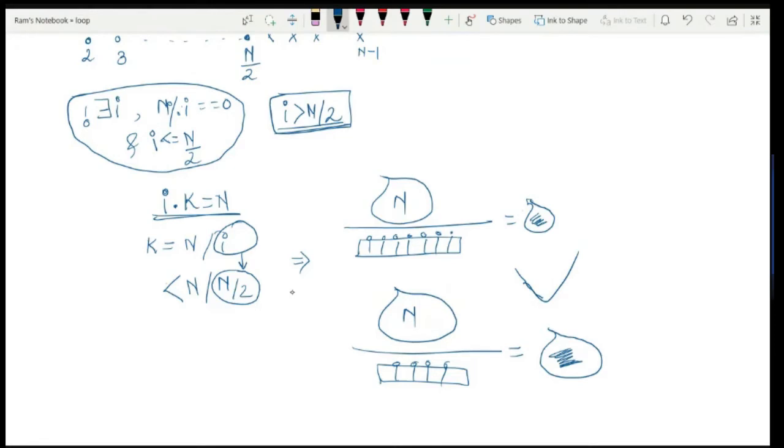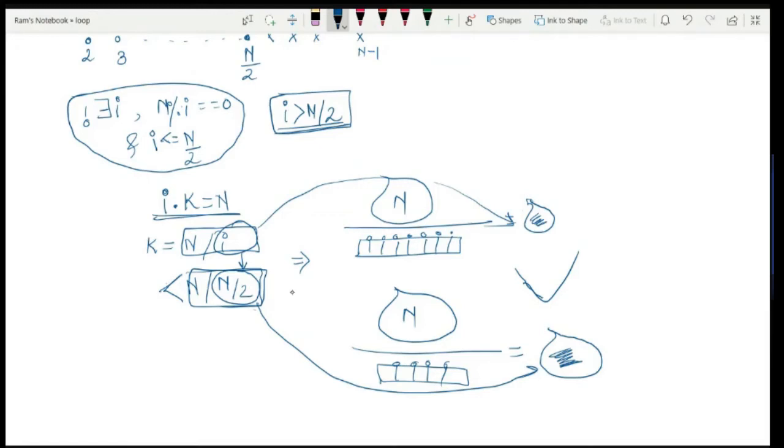Since you are now dividing by a smaller number, the result will be a bit bigger, and that is why we replace that thing. This thing is bigger than this thing. If the smaller thing was equal to k, then the bigger thing must be bigger than k. That's why we have replaced the equal symbol by this less than symbol, right?